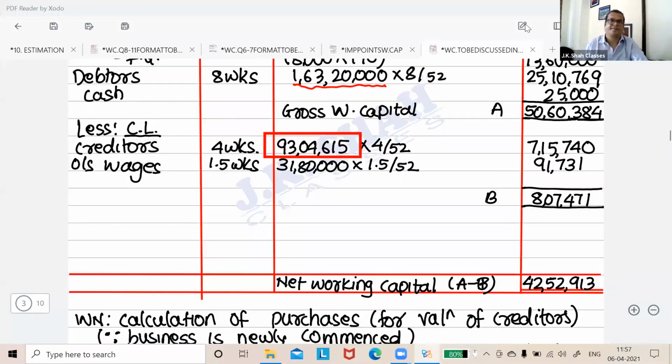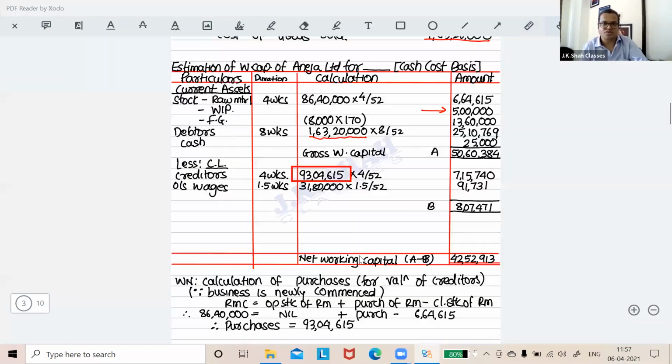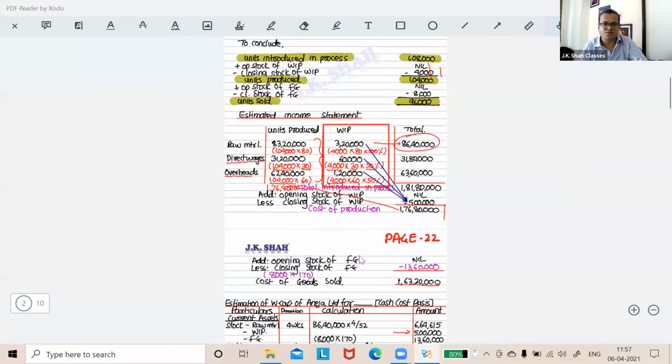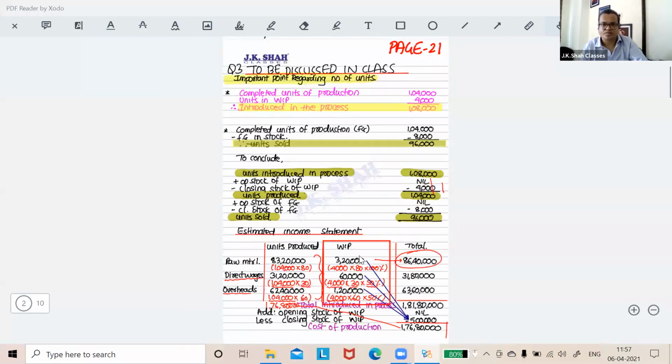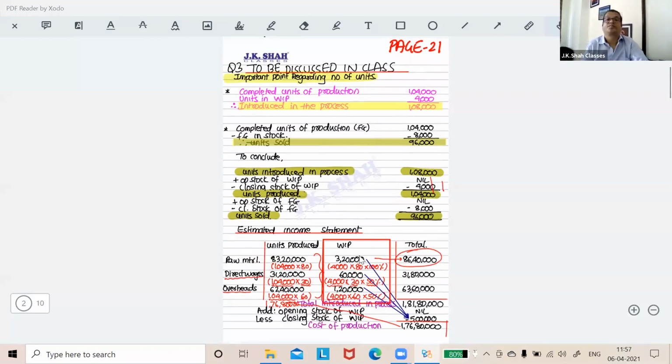So yes, you can take a screenshot of this now. See, all this part, listen to me. This whole part you need not write in the exam. This is for our understanding.